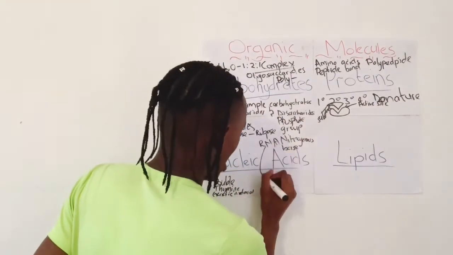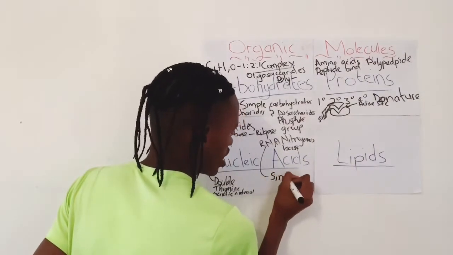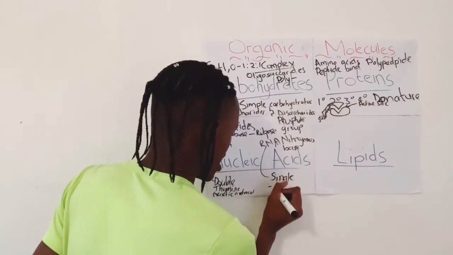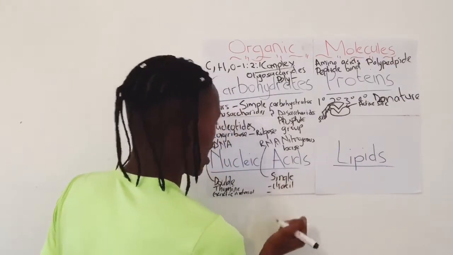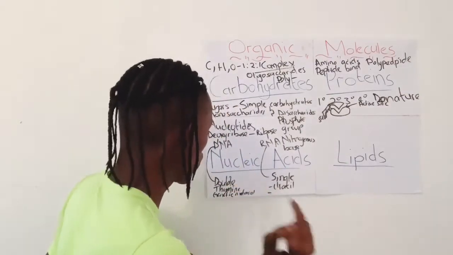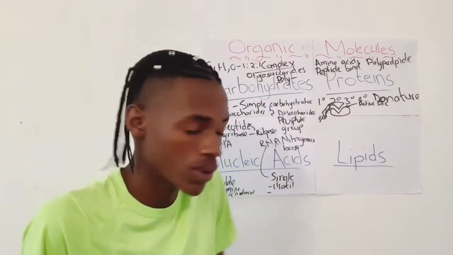While on the other hand, RNA is single-stranded. It has uracil, and it also manufactures and synthesizes protein, right?